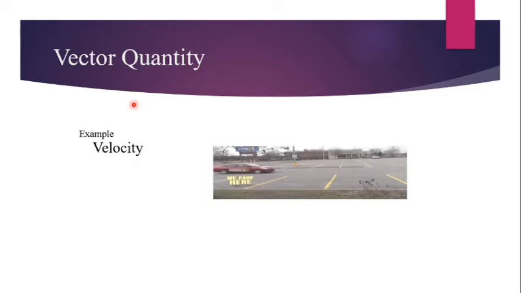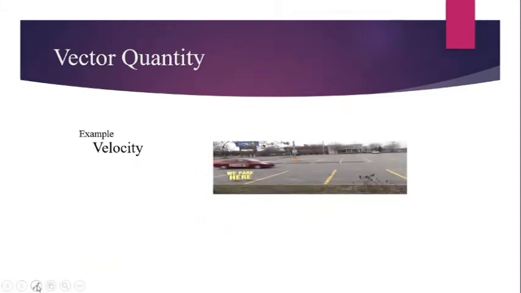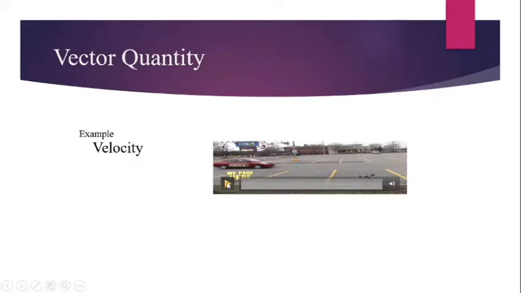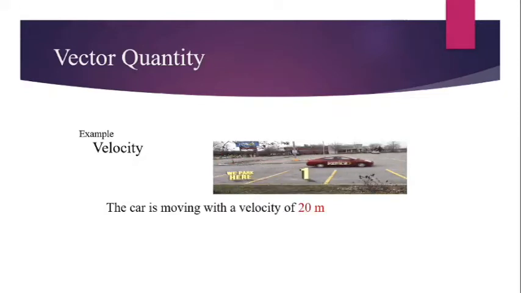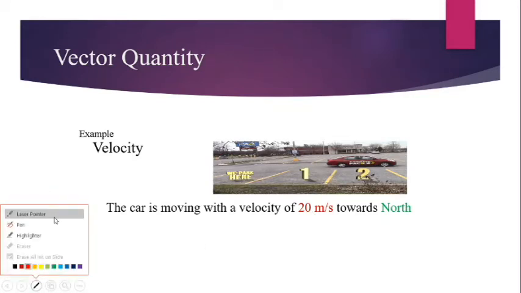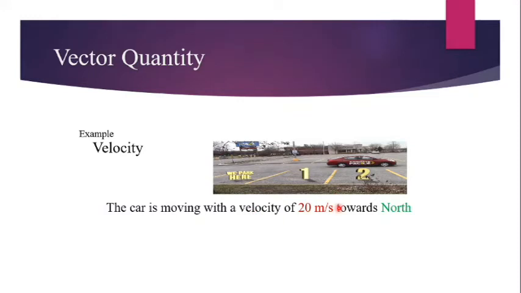Suppose here is a car, and the car is moving with a velocity of 20 meter per second towards north. That is, 20 meter per second represents magnitude here, and north represents direction here.